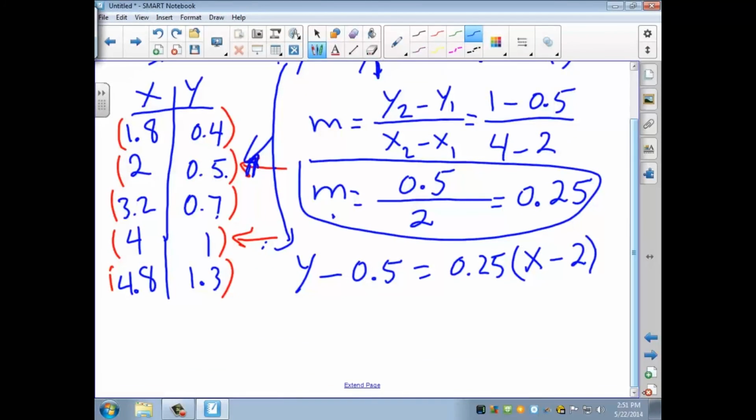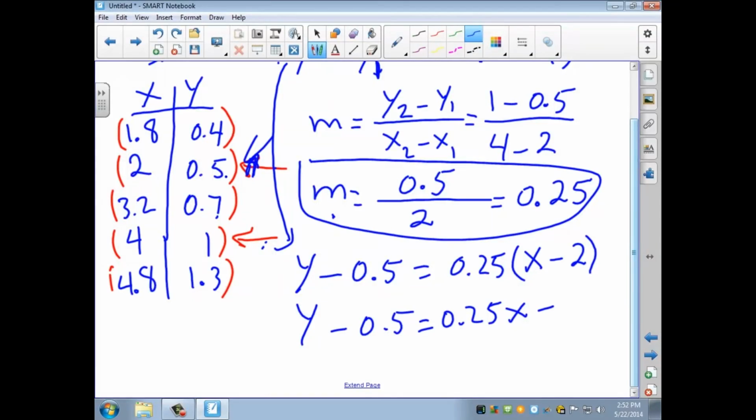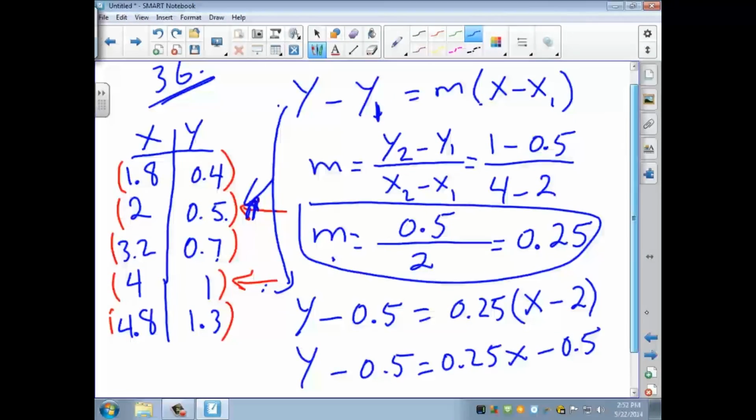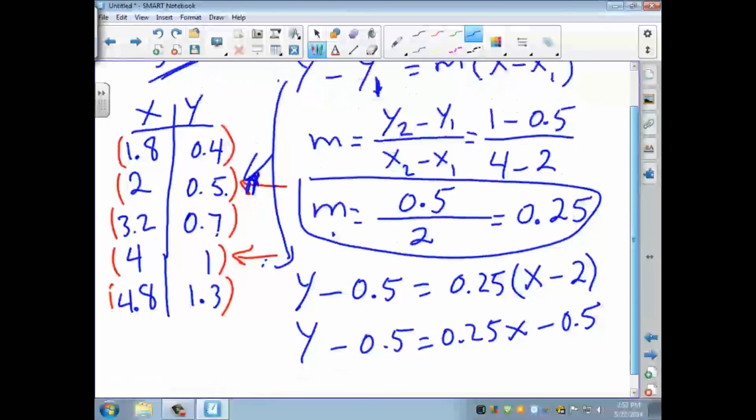So y minus 0.5 equals 0.25x minus 0.25 times 2 is 0.5. Okay, I guess everything is correct.